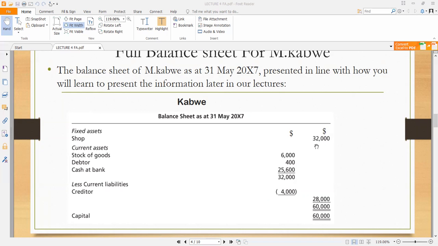Mathematically, when you remove 32 from 60, you remain with 28,000. That 28,000 is reflected here down, which is the balance.